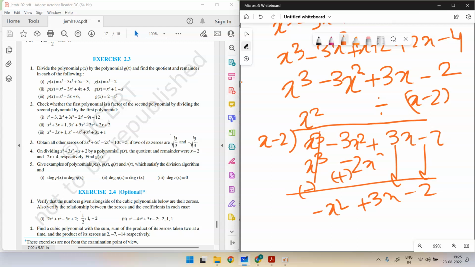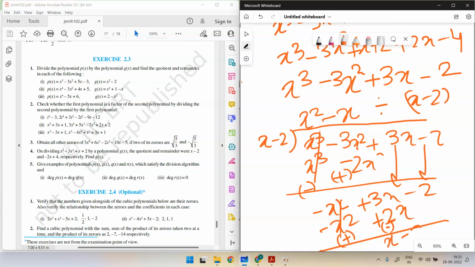Now, if you multiply x minus 2 by minus x, this becomes minus x square, and minus of minus 2x, this will be plus 2x. If you subtract, the signs change and it cancels. So 3 minus 2 is 1, so x minus 2.